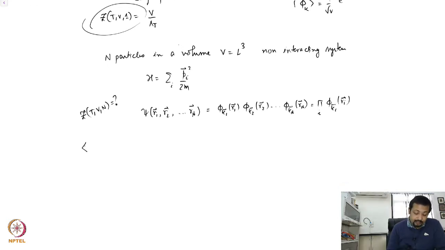The density matrix, so now we will interchangeably use phi_k as identical to this.